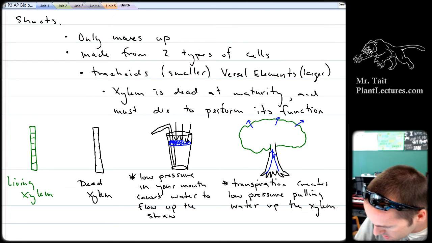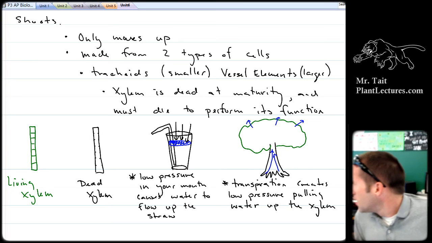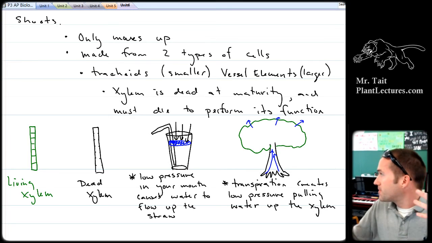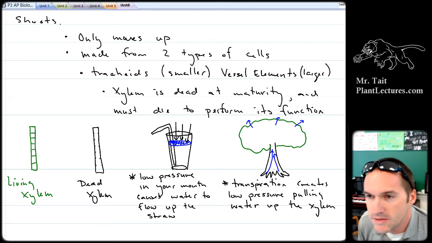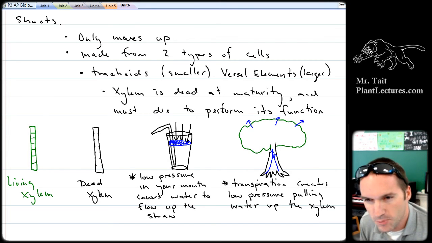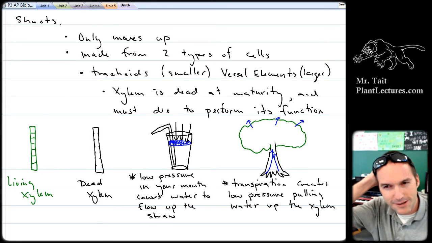So just like the straw, low pressure is created at the top. That low pressure pulls water up the xylem, right? So that it can replace the water that's evaporated. But it seems stupid, right? Because water's evaporating and then you're just replacing the water that's evaporating. What good does that do the plant?